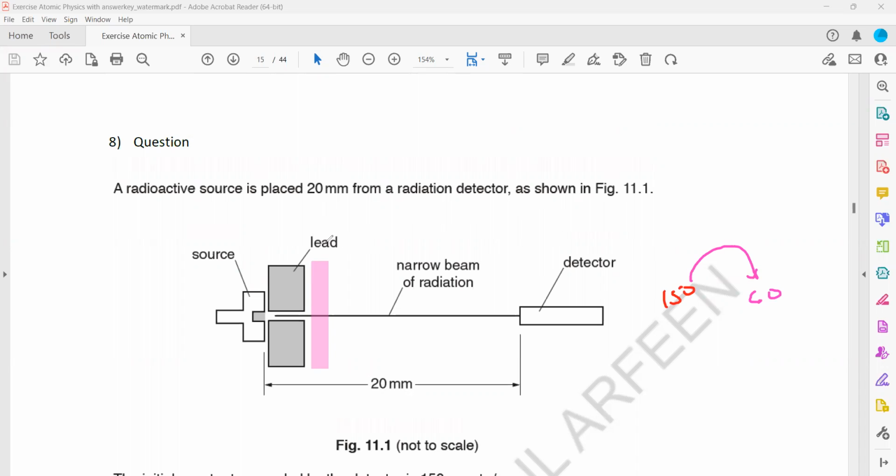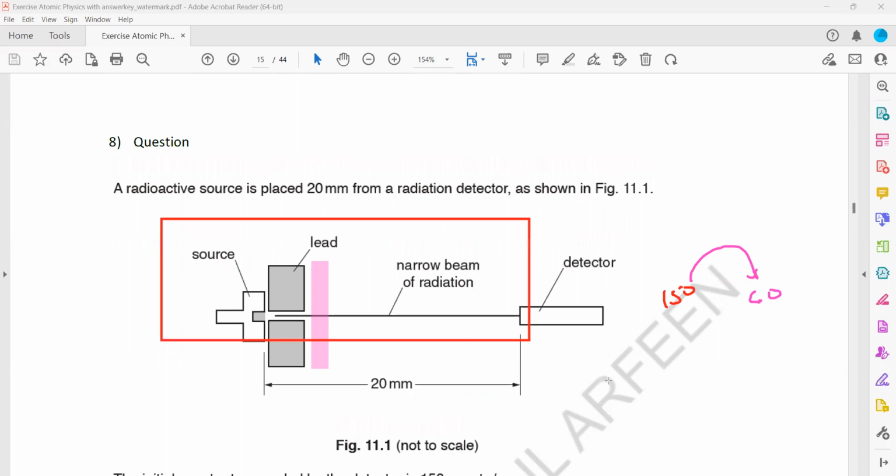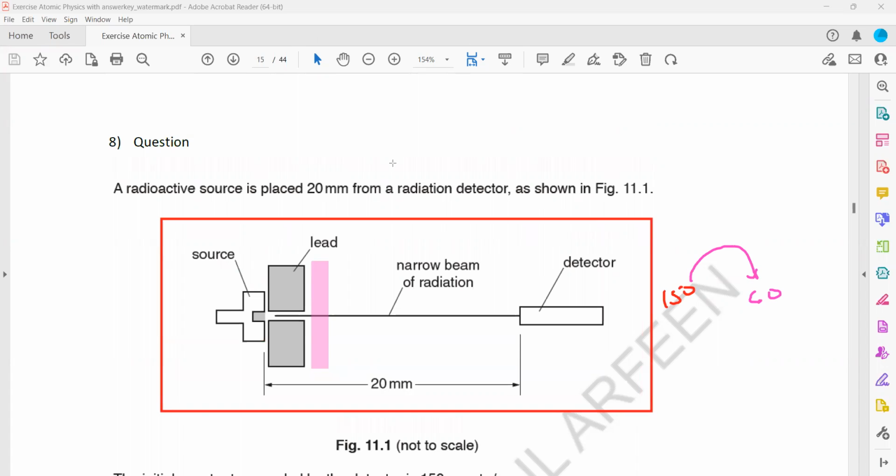Most of them were stopped by the paper. Then we applied the magnetic field in this region, and we are still receiving some radiation. But when we apply the magnetic field, the detector now reads 20, which means the detector is recording background. So the detector is not able to detect radiation from the source.